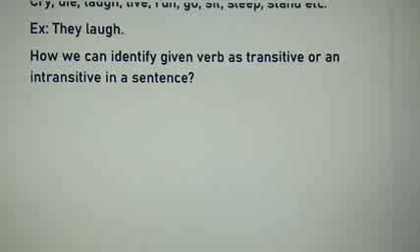Let's see how. Before giving the description, let me give you some examples, because with the help of examples, you will get it very easily.